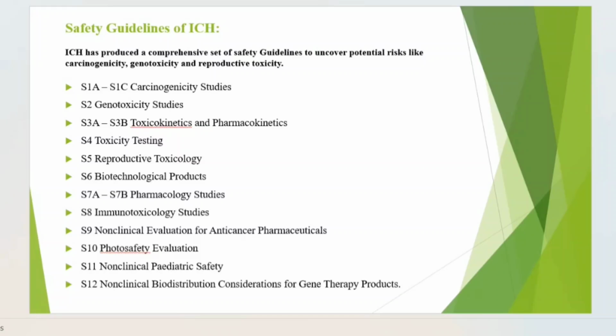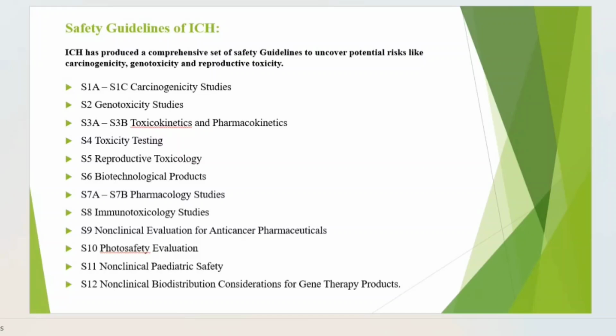But now we will move ahead with the safety guidelines of the ICH. Safety means the preclinical studies which will be performed on animals to check the safety of the product. These safety study reports are submitted in module 4 of the CTD dossier.